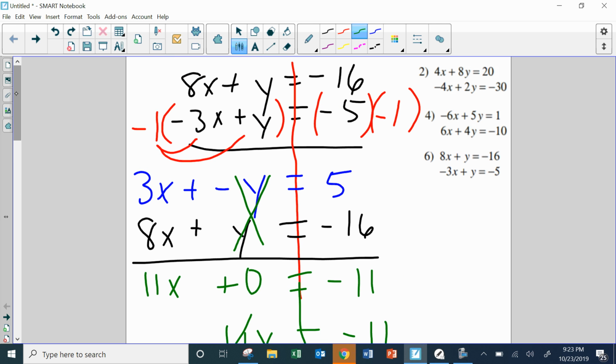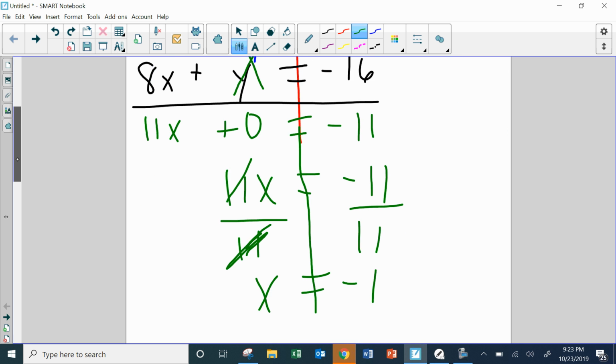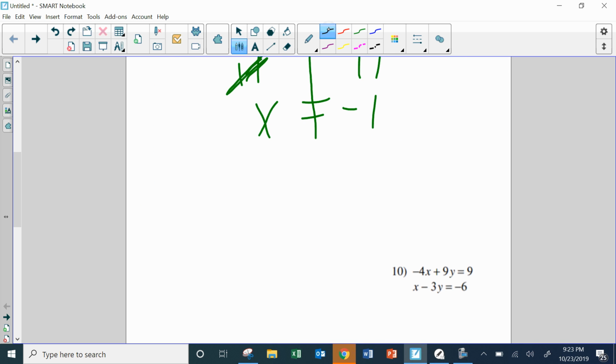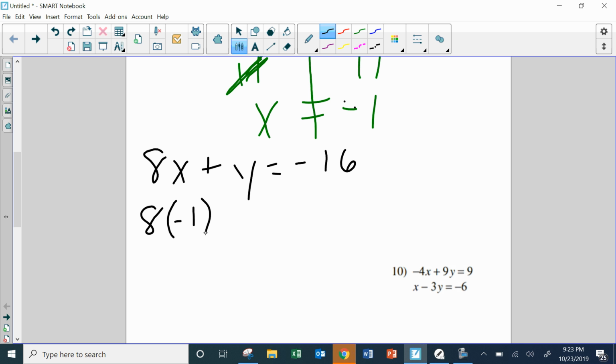You go back up to one of the original equations. 8x plus y equals negative 16. Go back to my black ink. 8x plus y equals negative 16. If I know x is negative 1, I can simply say, okay, well, everywhere I see x, I'm going to replace it with negative 1.